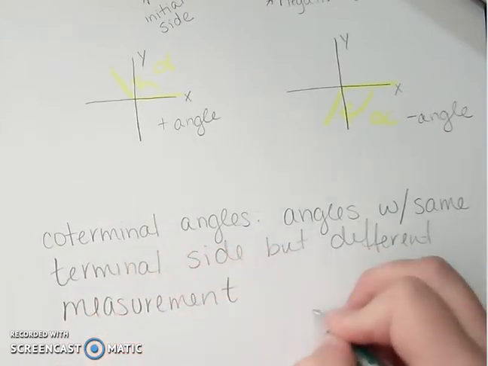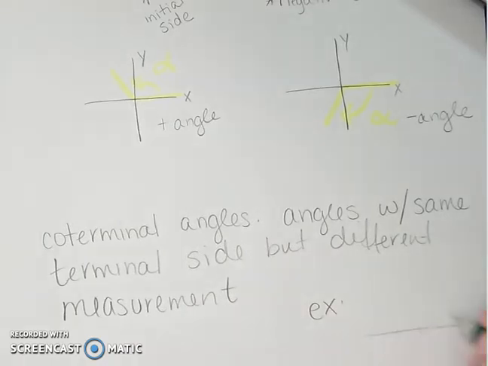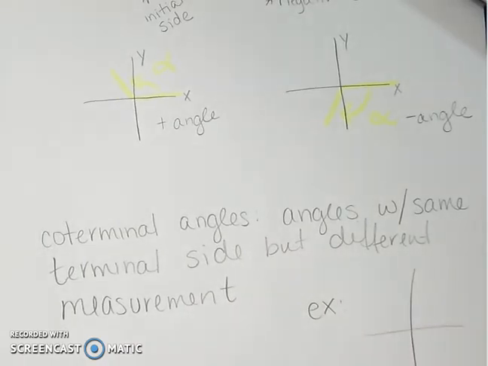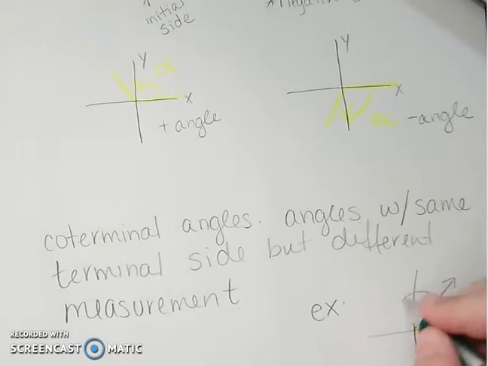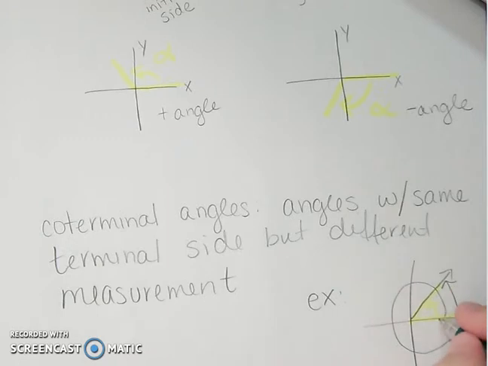An example could be a 30-degree angle, something like this, right? And something that is coterminal with that would have the same terminal side, but it might go all the way around and get there, or it could go the negative direction and get there.